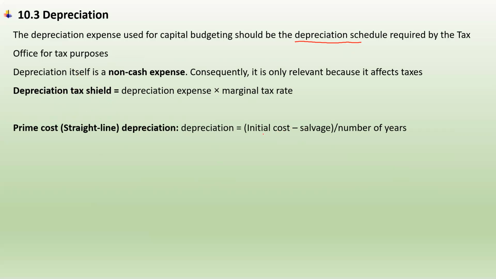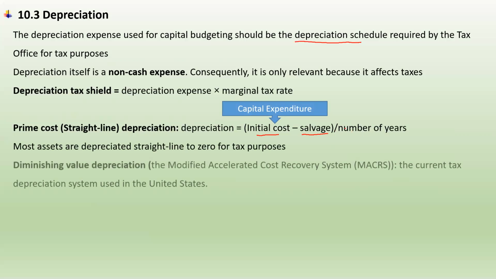It equals to the initial cost minus the salvage value, divided by number of years. Salvage value is the value left after the useful life of this equipment. Many assets are depreciated straight line to zero, so the salvage value equals to zero.